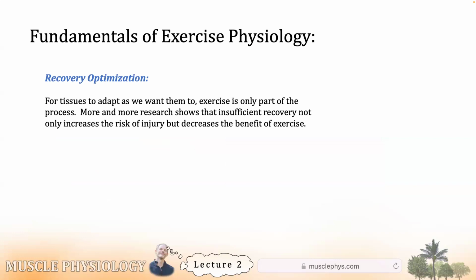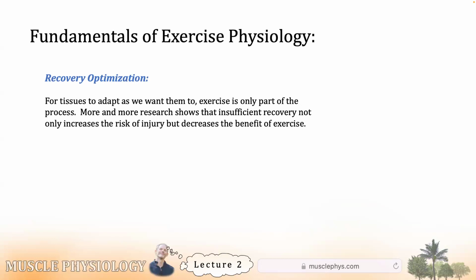If we want to recover between episodes of exertion, we need to consider these things, or we won't perform optimally in the next bout, and we probably won't improve as much as we could. And there are tons of variables that matter. Now, some of it is uncontrollable: genetics, biological sex, age, things like this.